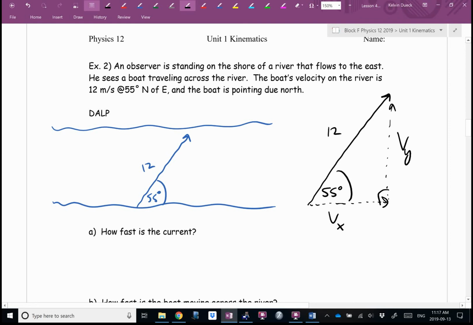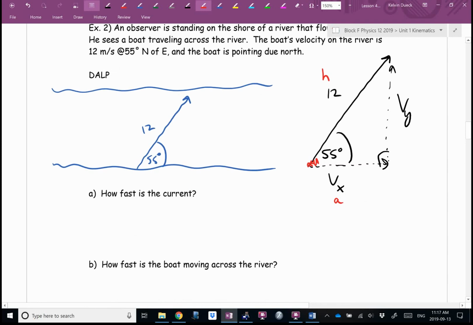How fast is the current? Hypotenuse, adjacent. Cos, of course it is. Cos 55 equals Vx over 12.